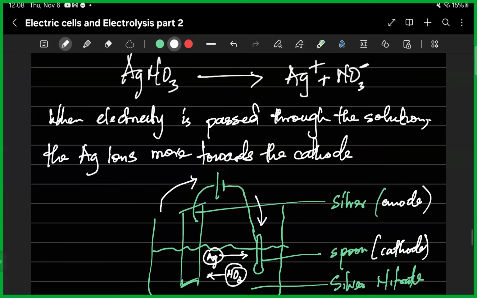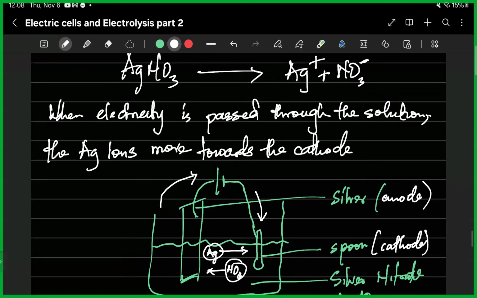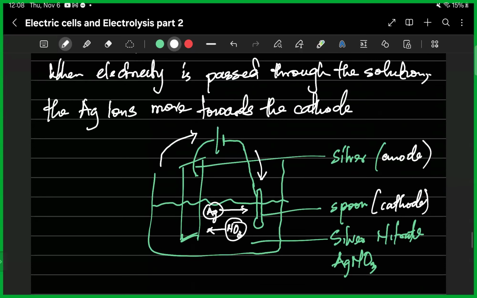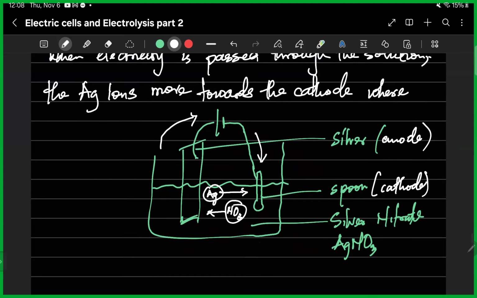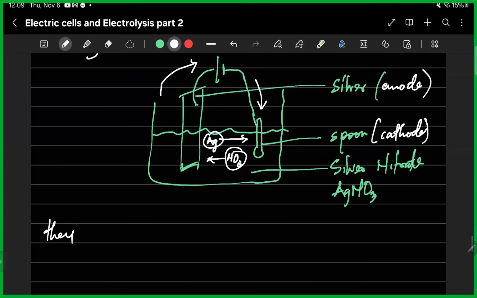So that's why we say when electricity passes through the solution, the Ag ions move toward the cathode. That's what you see happening. We say they are discharged at the cathode.